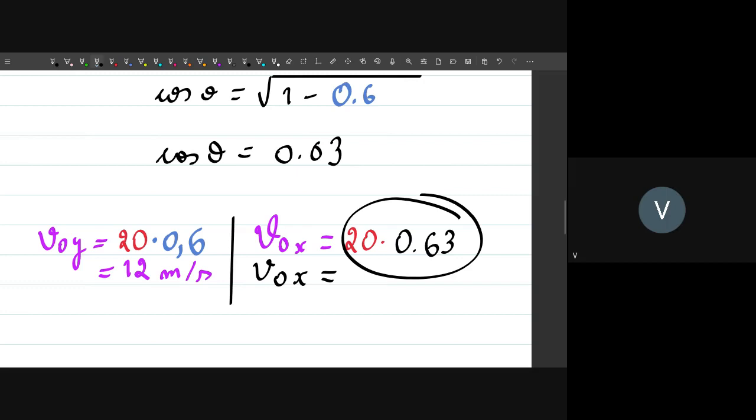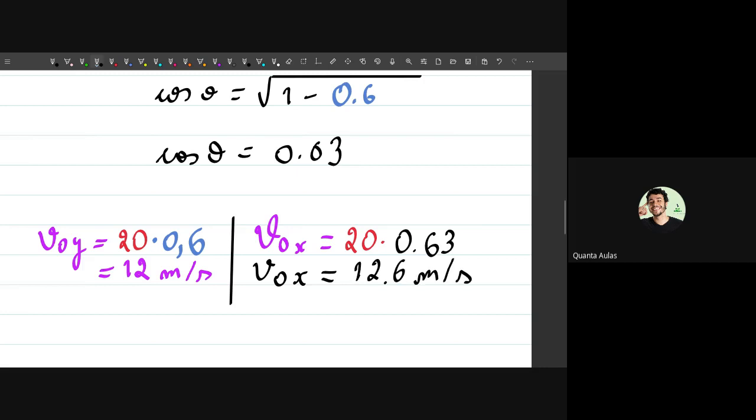It equals 12.6. 12.6, okay. 12.6 meters per second, okay?